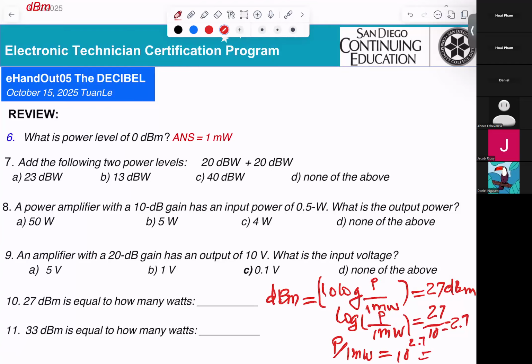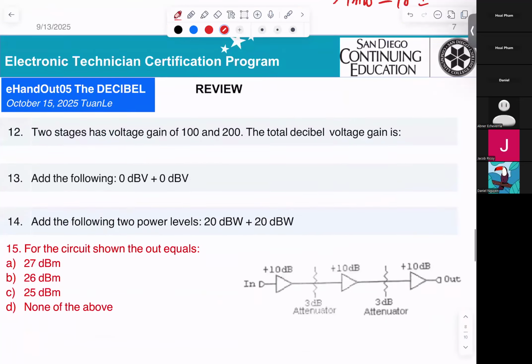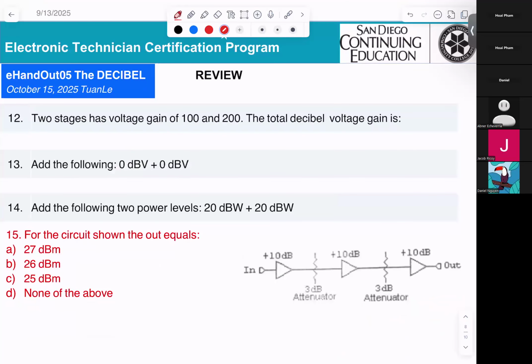And now you can get P equals 1 milliwatt times that number. Same thing. You cannot add 0 dB volt to 0 dB volt. You cannot add dB.